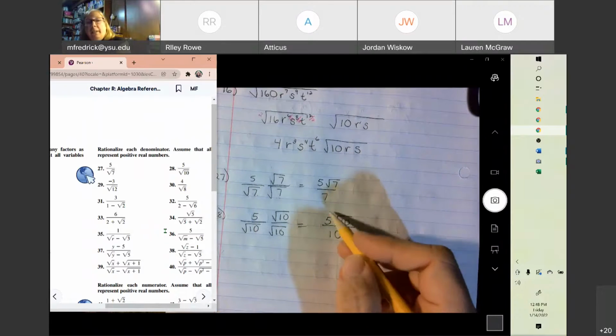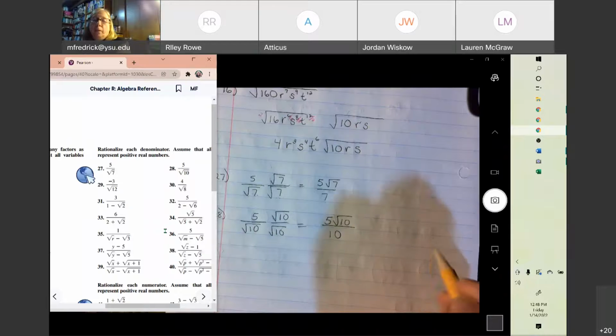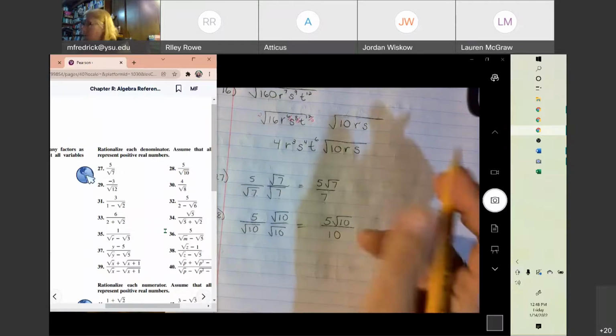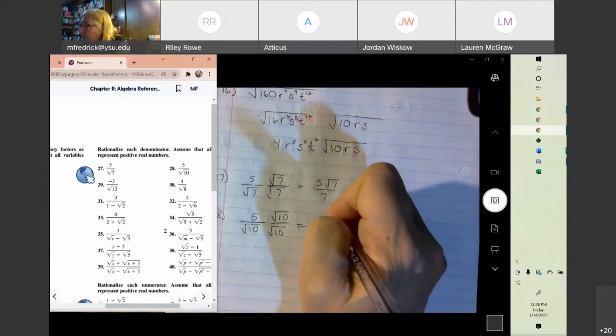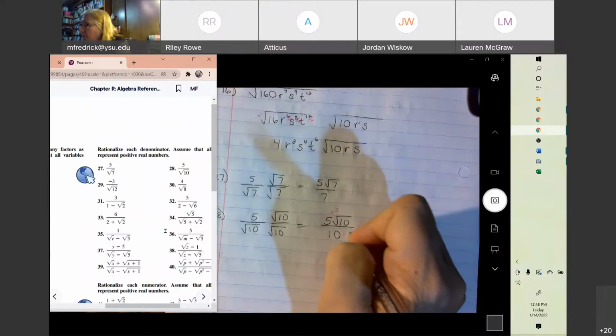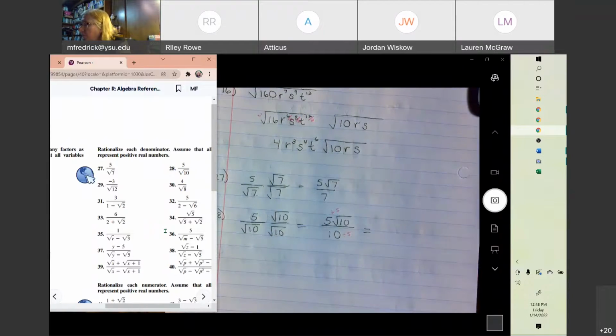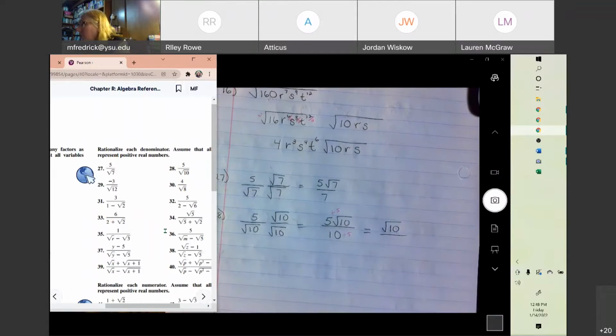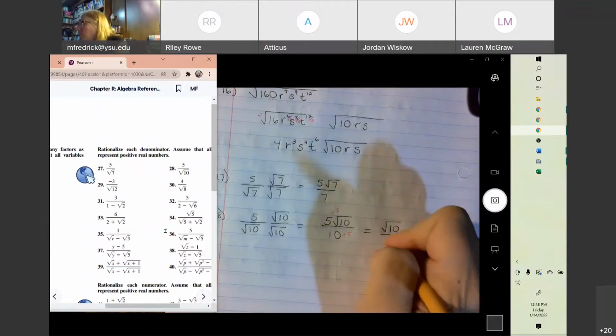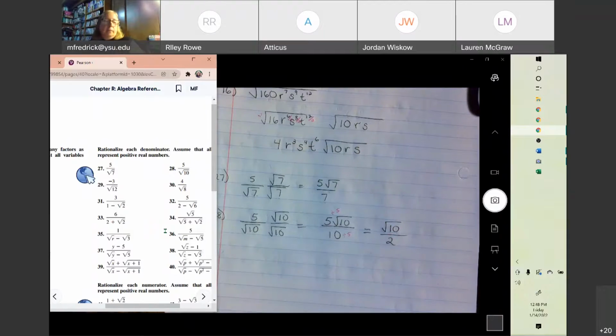Now notice 5 and 10 will reduce, but to start with, at least we got rid of the radical. And then we can divide by 5 on the top and bottom, and we have the square root of 10 over 2. Any questions on that?